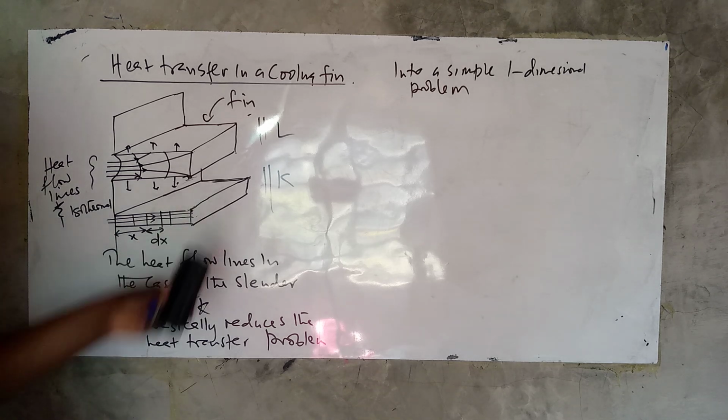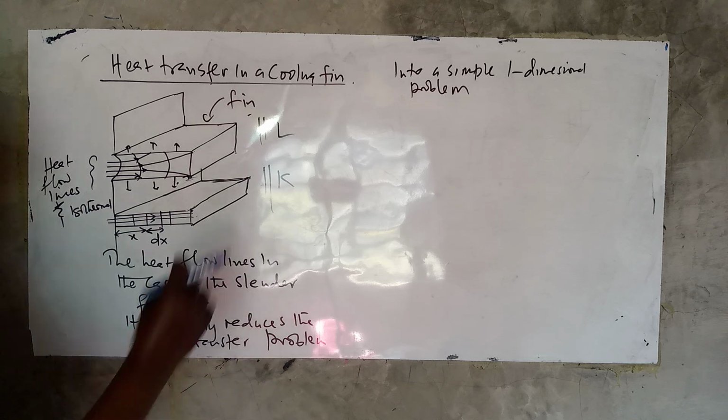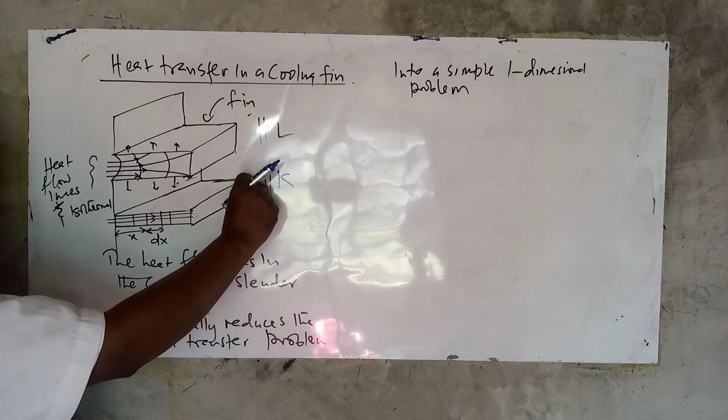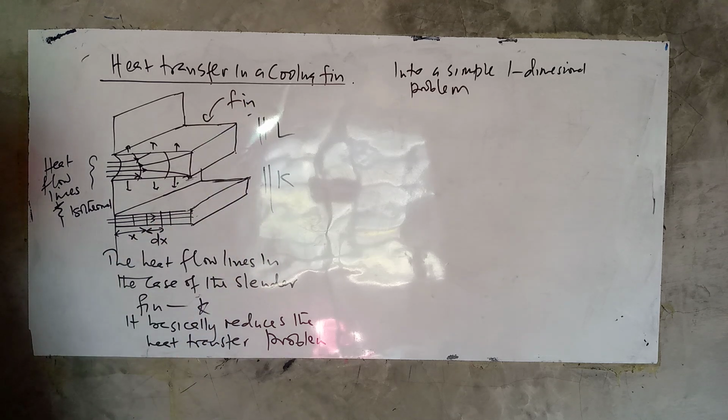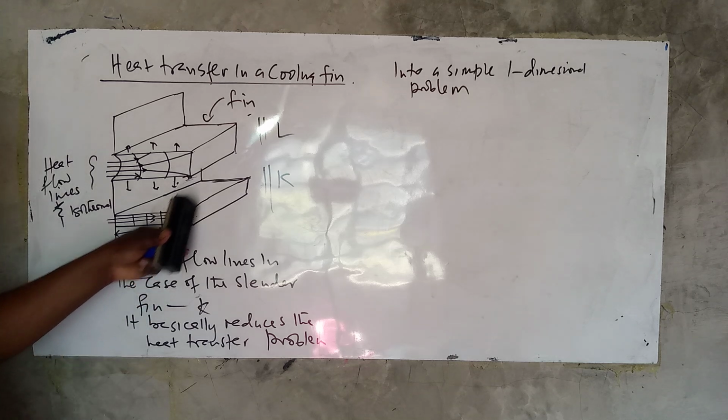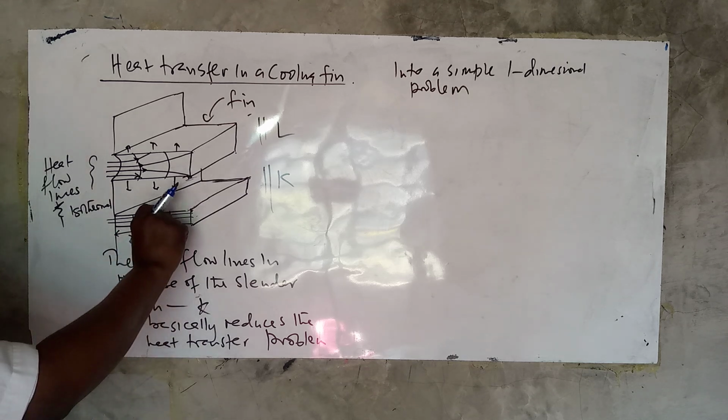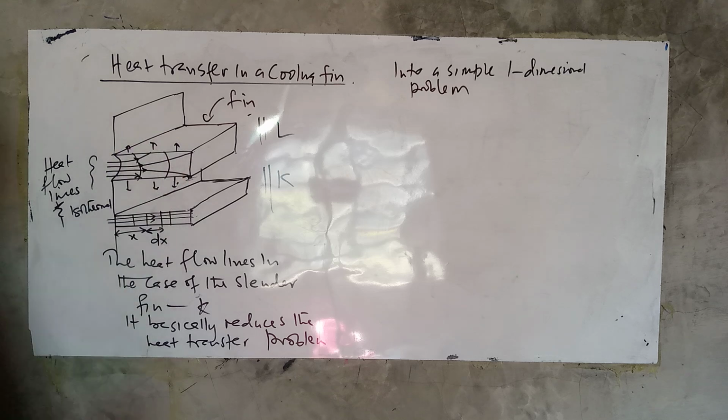So for this slender fin, what are we talking about when we say slender? That it's thin. It's much thinner compared to this one, which is slightly thicker. If you look at the flank of this particular fin, it's much thinner as compared to the flank of this top fin.